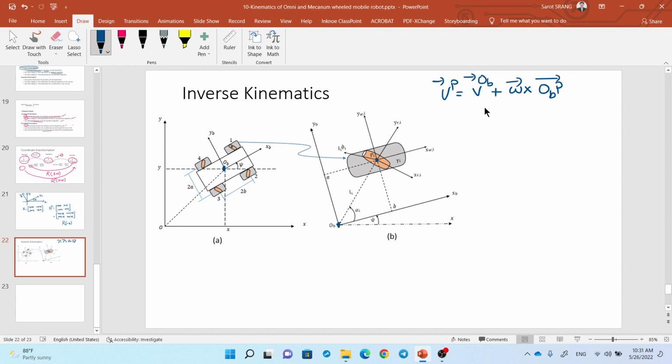So the velocity of the roller itself is in the roller frame. We must transform this into the roller frame, but first transform it into the body frame.